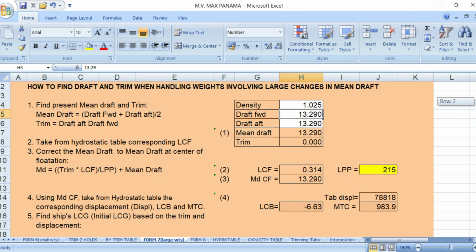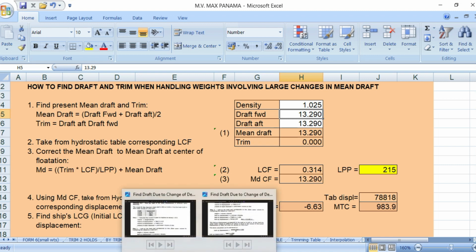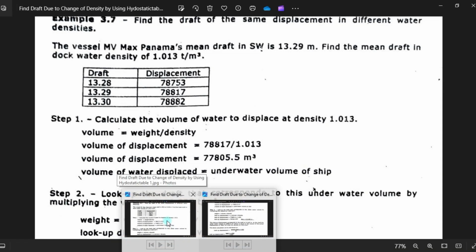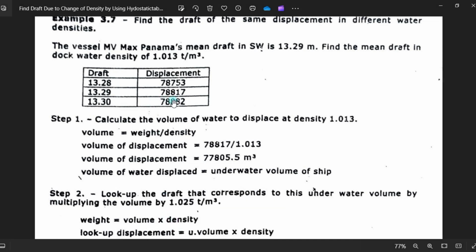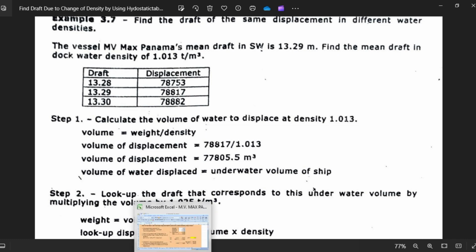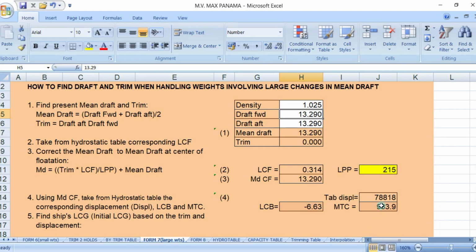Look at his displacement, it is 78818 for this draft, and the displacement is 78817, almost the same.